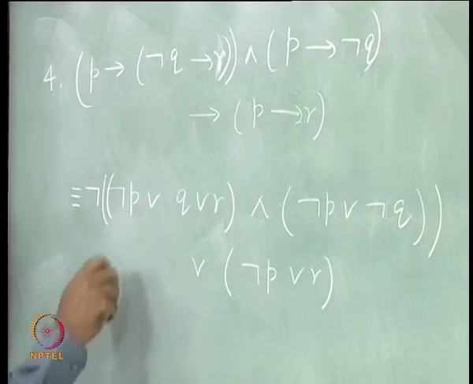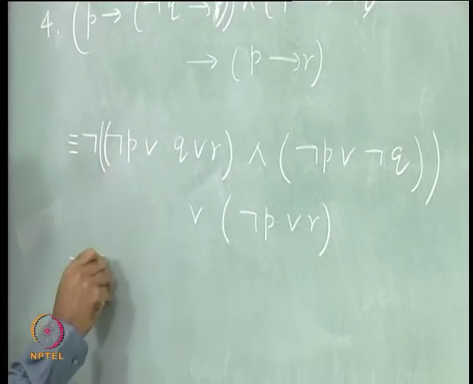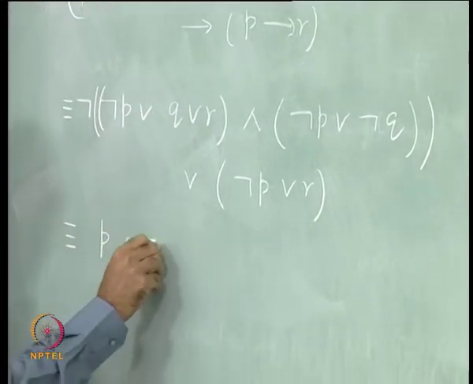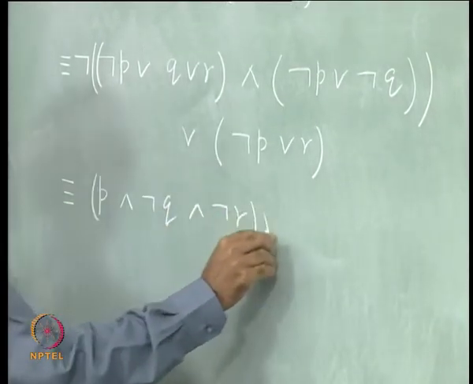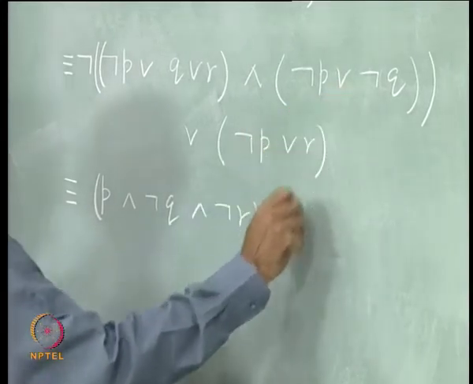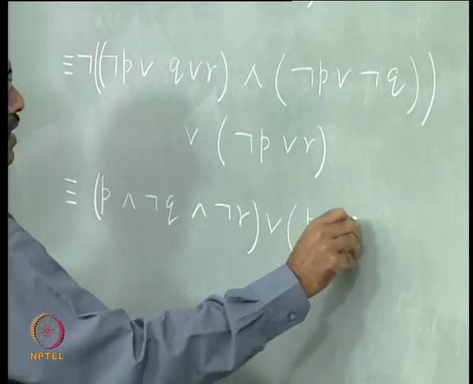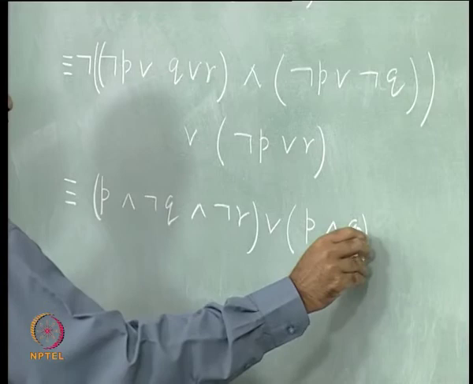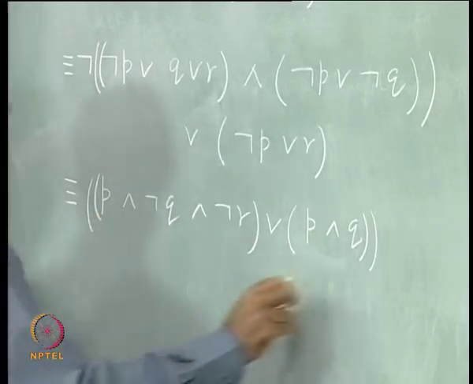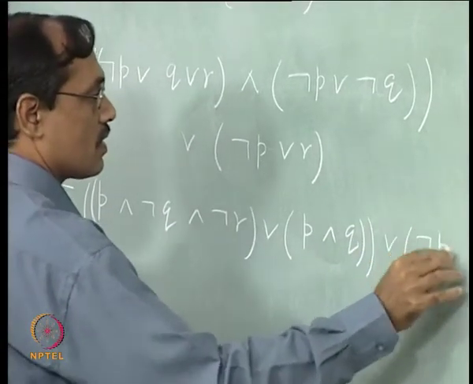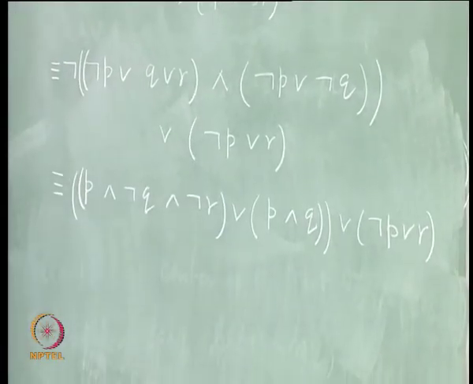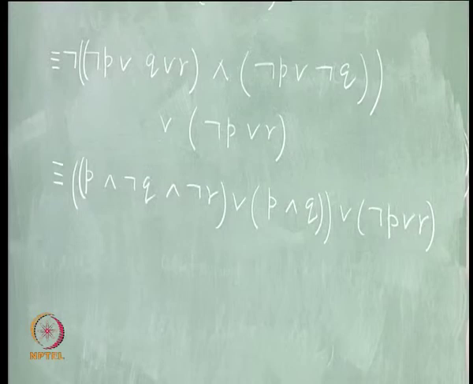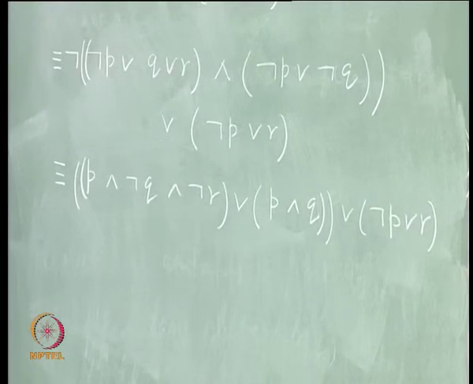So, next I take not inside. So, that gives P and not Q and not R, or again here P and Q, or not P or R. Right.